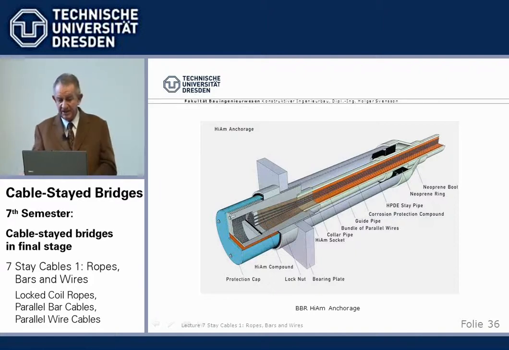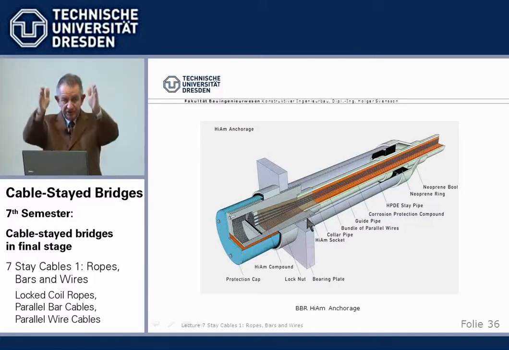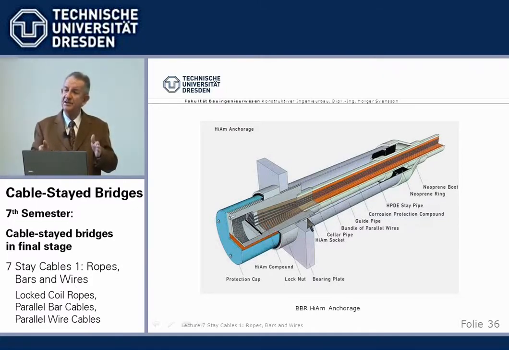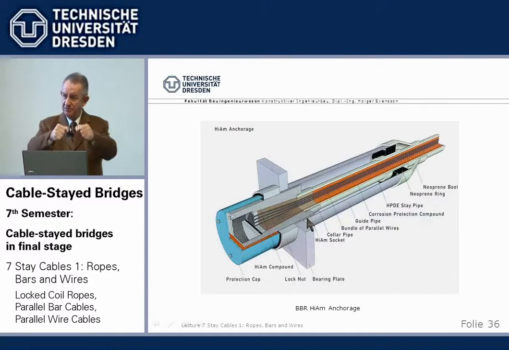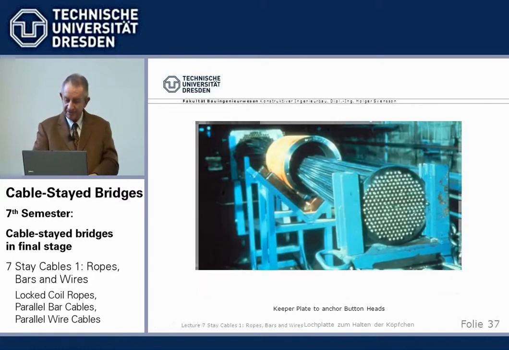And here we have now then said, okay, we'll fill this conical anchor head, anchor sleeve, with very thin steel balls. Pour them in, rattle them, tight closure, and then these very thin steel balls, they clamp these broomed out wires.